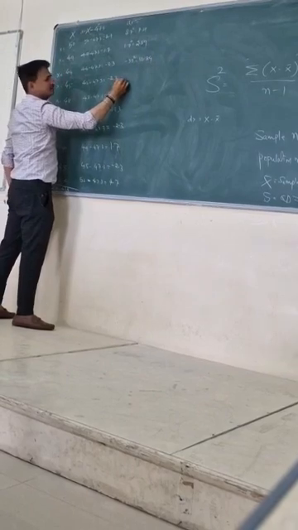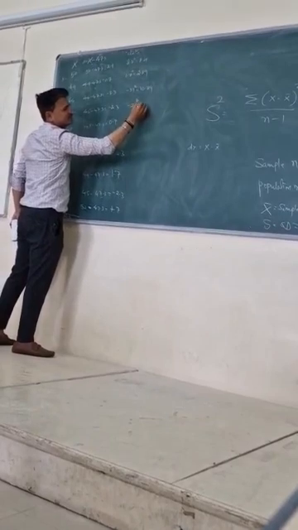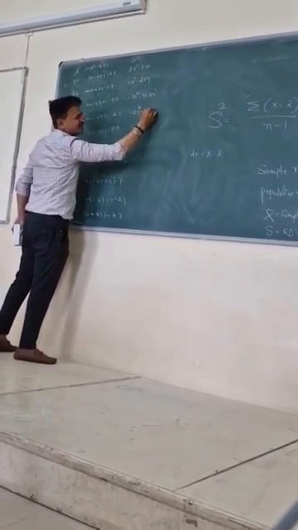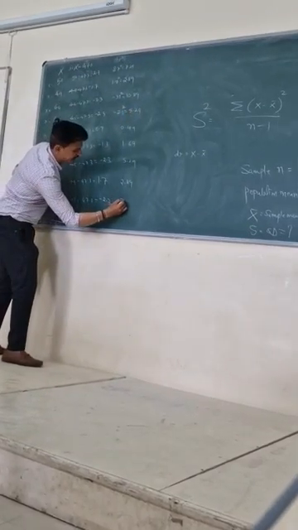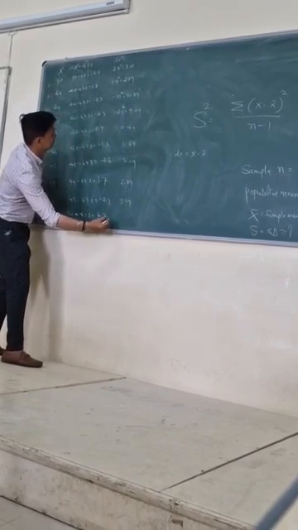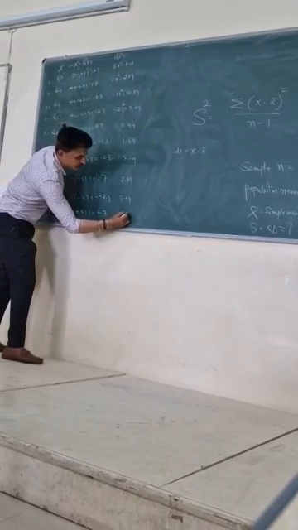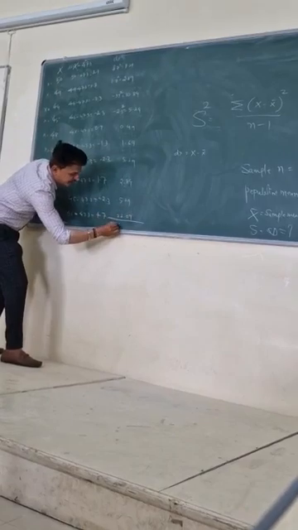For the fourth, dx is minus 2.3 square. How much? 5.29. Then 4.7 square, 22.09.